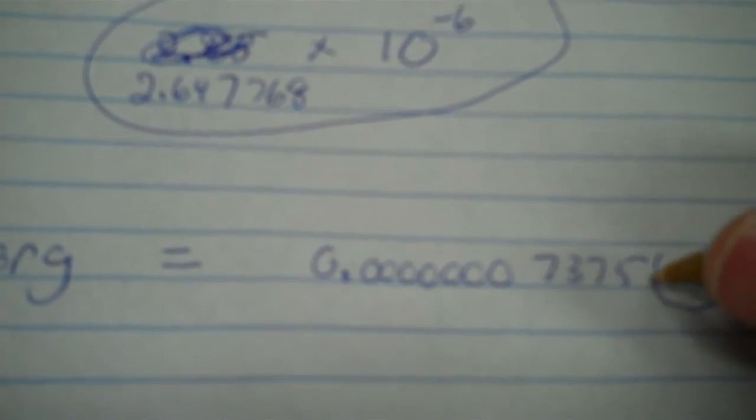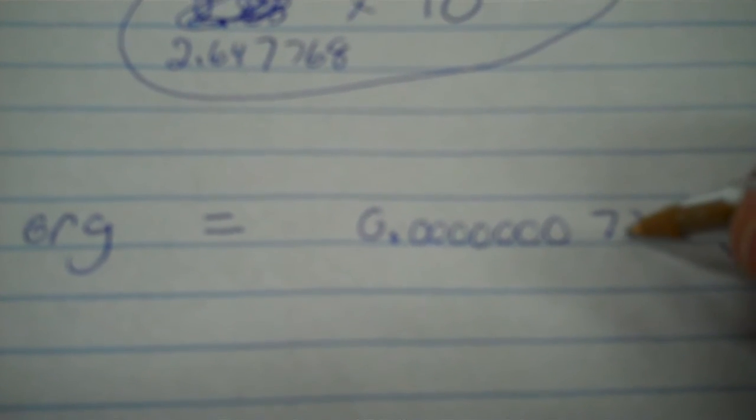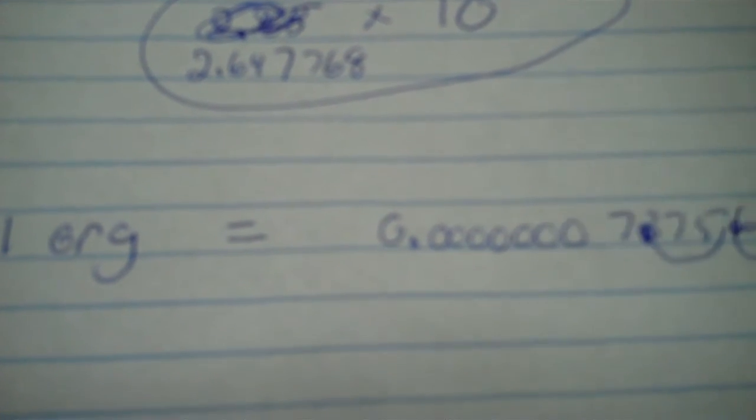So move it 3 times. And then it would just be the 7 in front. Okay. And I want to stop there.